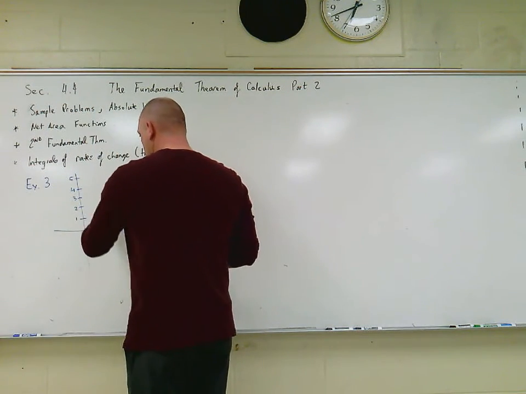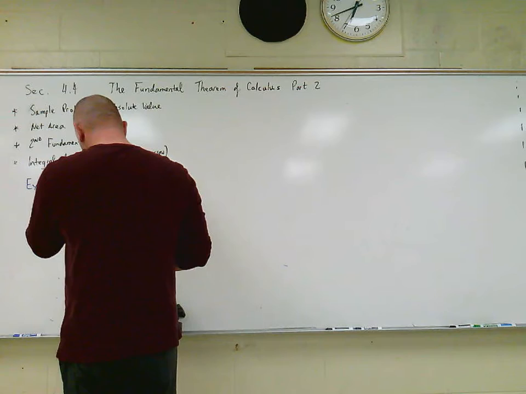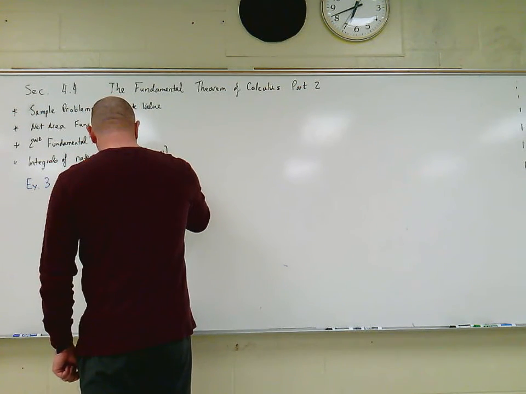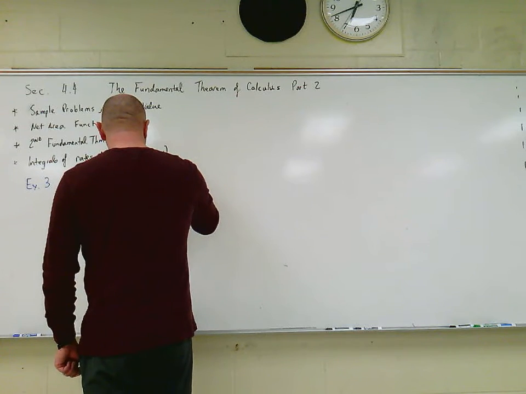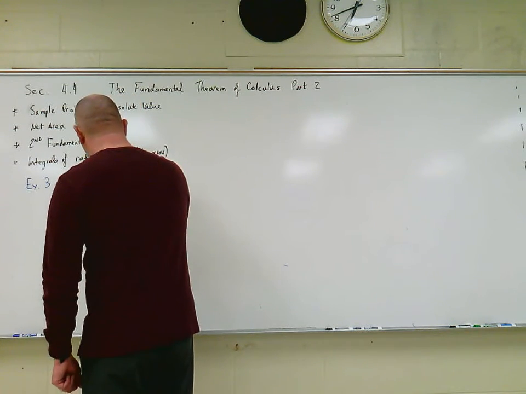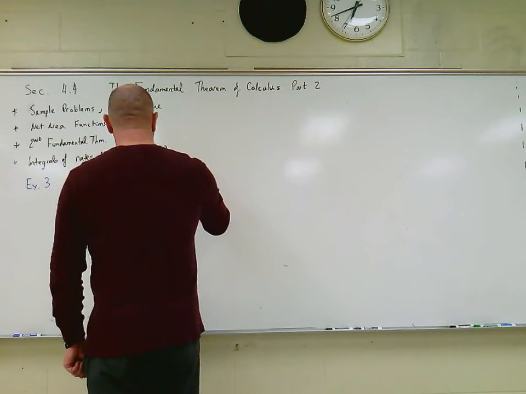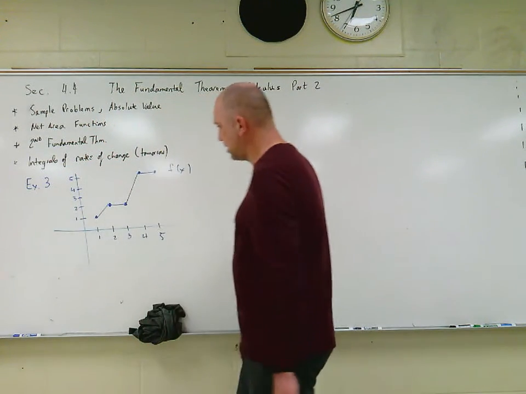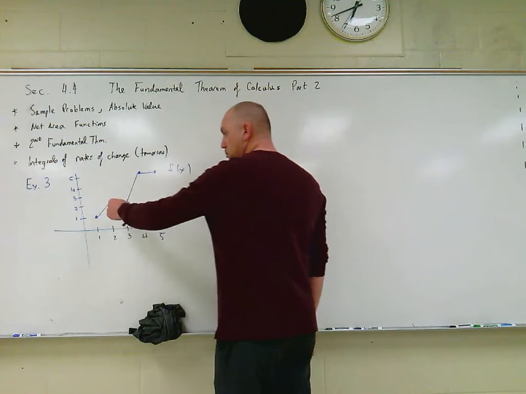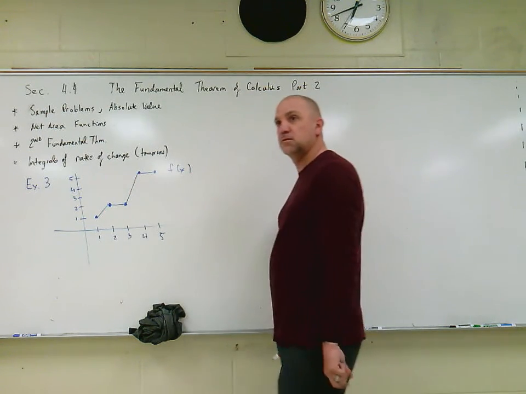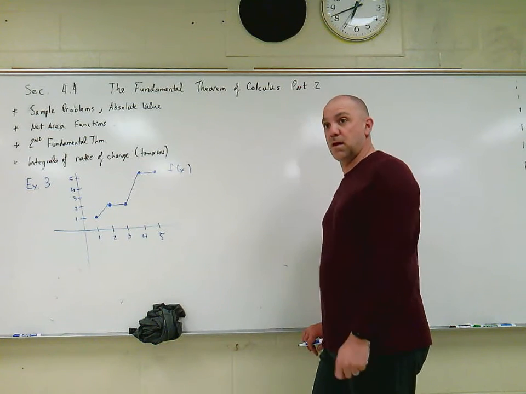So 1, 1, 2, 2, 3, 2, 4, 5, and 5, 5. And it's just a graph that's connected like this. And that's f of x. Okay? 1, 1, 2, 2, 3, 2, 4, 5, 5, 5. I would draw this down.